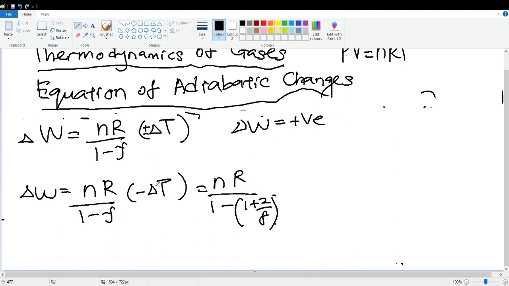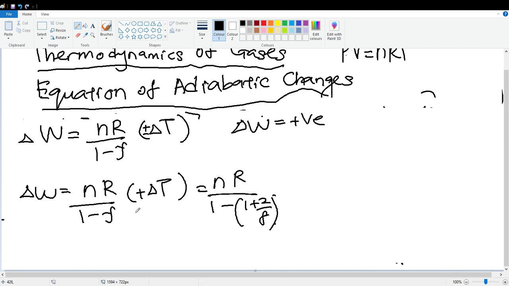From here we can say that the temperature change is positive, because the increase in internal energy causes the temperature to also increase. So how can I prove that the internal energy actually increases?